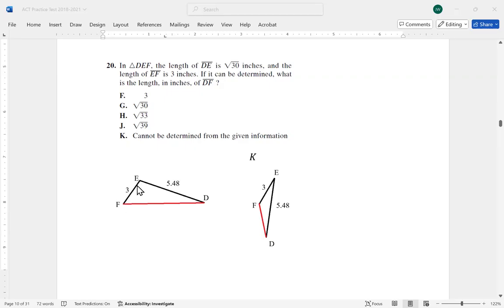If this angle is bigger, then DF is going to be longer. If this angle is smaller, then DF is going to be a lot shorter. Because I don't know any angles, I can't determine the length of DF. So again, K is the answer to question 20.